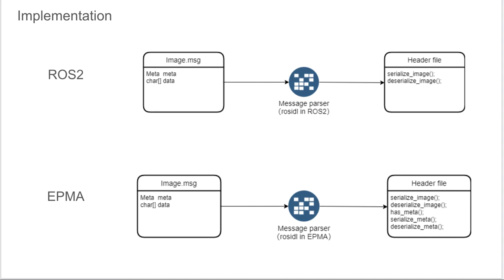These functions provide the ability for the component to access the meta part. By using these functions, the forwarding component can directly access the meta part and update the meta part.